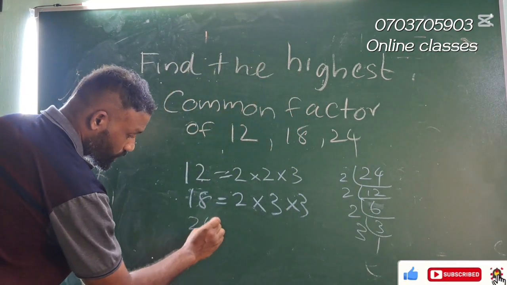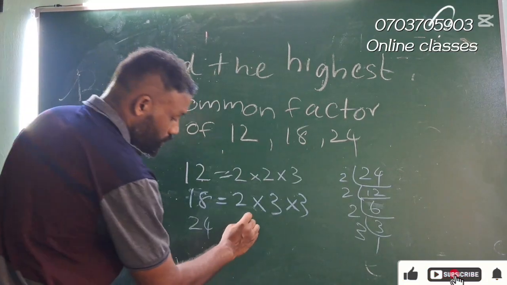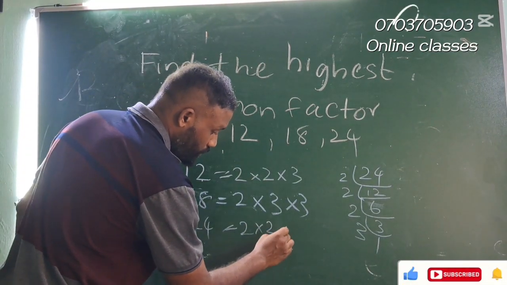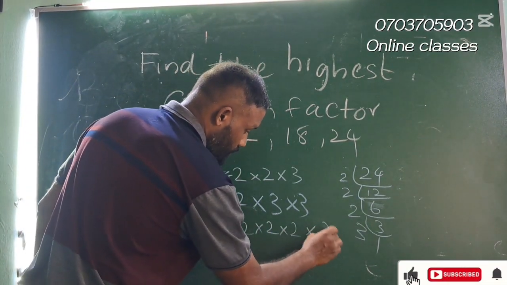So 24 is equal to 2 times 2 times 2 times 3.